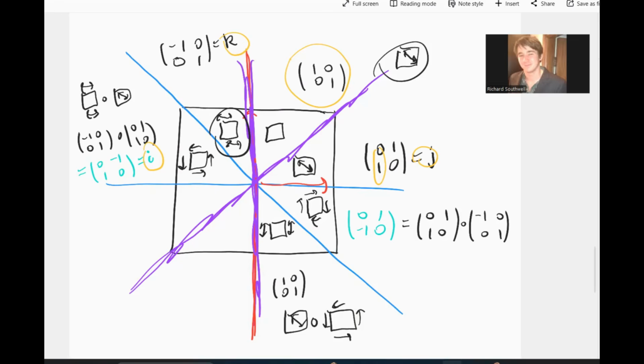Well, it's going to be this J matrix here times this matrix I. Sorry, this is the J matrix. So yeah, that's our vertical flip. So yeah, that's our up-down flip.